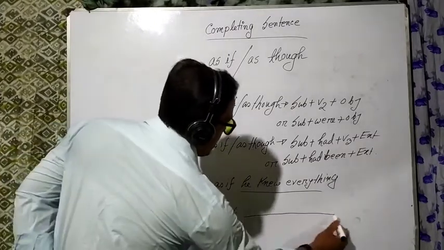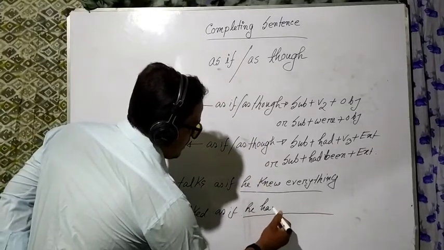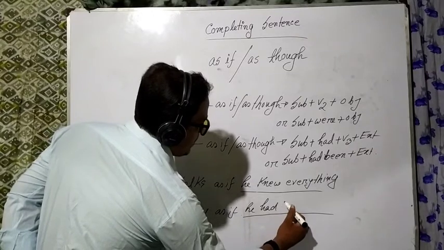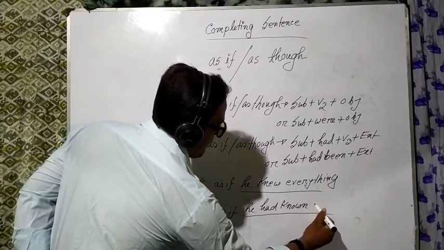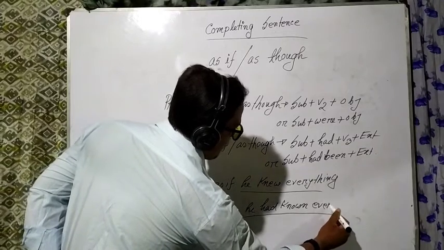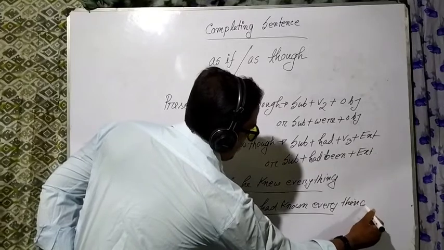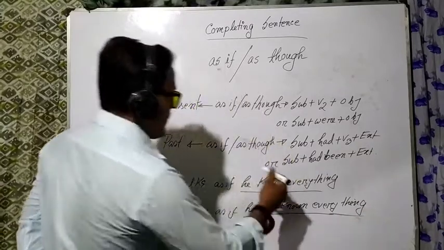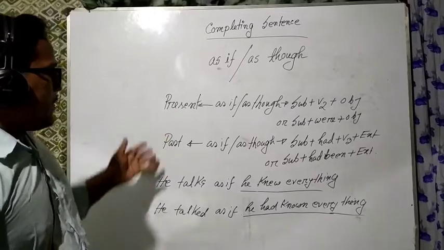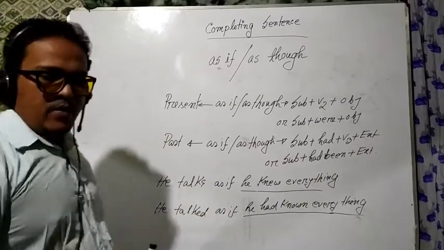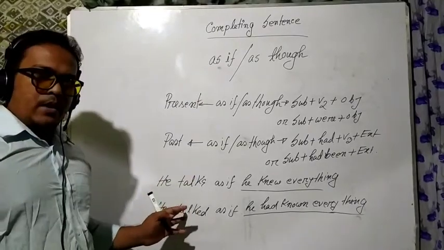He, subject had plus v3, known everything. Okay. Two structures and two examples. Now I give you alternative examples, please. Okay.